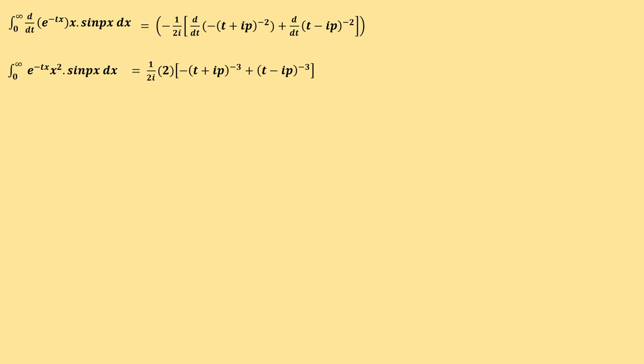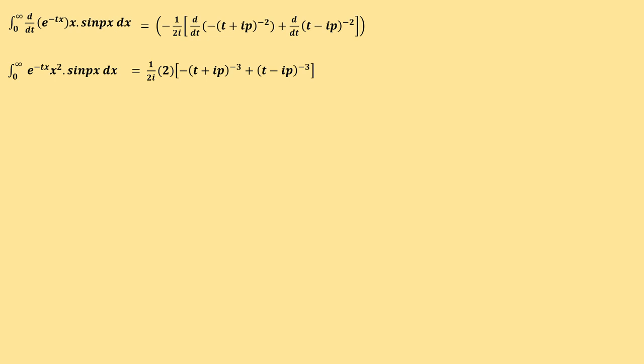So minus minus (t plus ip) whole power minus 2, differentiation: minus into minus, plus 2 into (t plus ip) whole power minus 3, right? So already you are having a minus. Similarly for the second term, minus 2 into (t minus ip) whole power minus 3. So 2 is common, take it outside. 1 by 2i, minus also common, take it outside. Minus into minus is plus, already you are having minus on the outside.